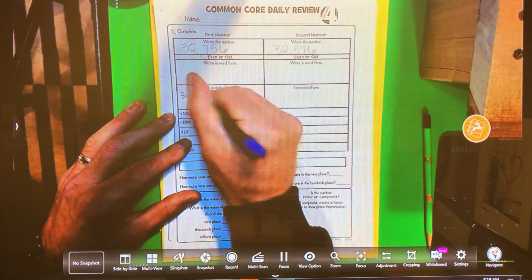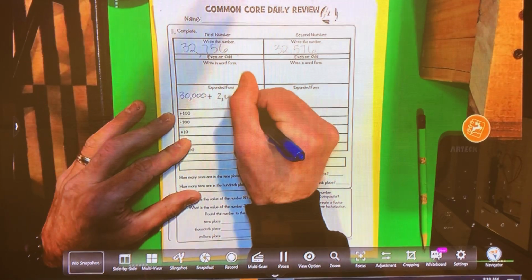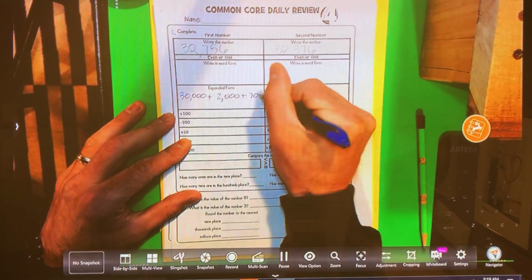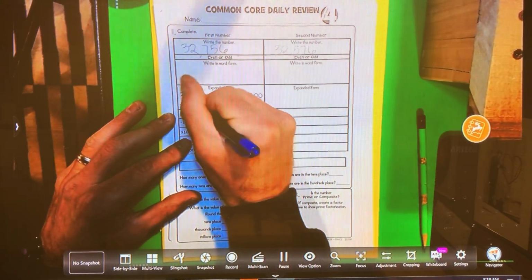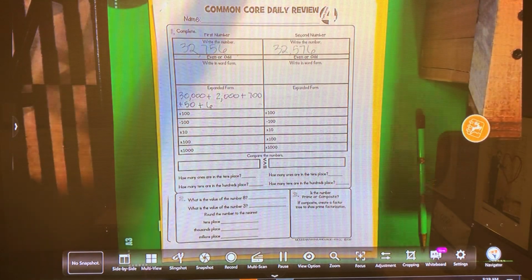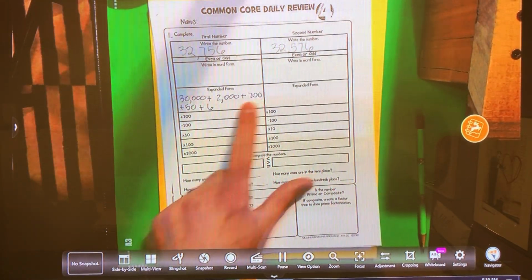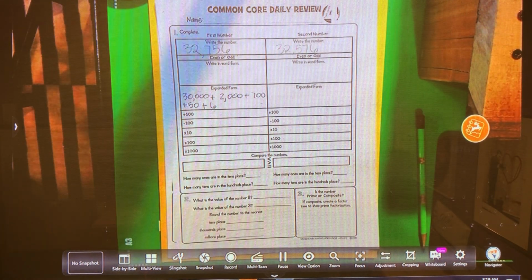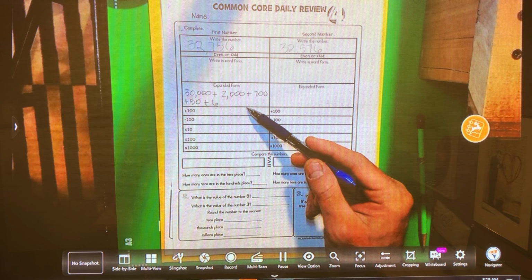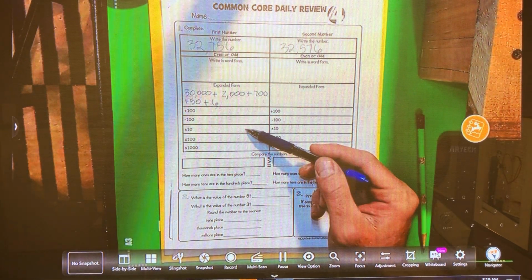So 30,000 plus 2,000 plus 700 plus 50 and plus 6. 32,756.